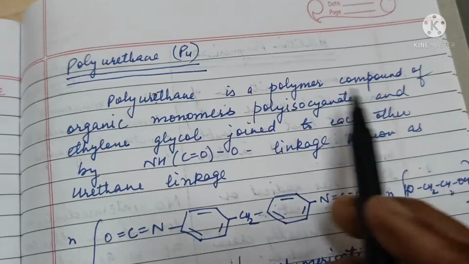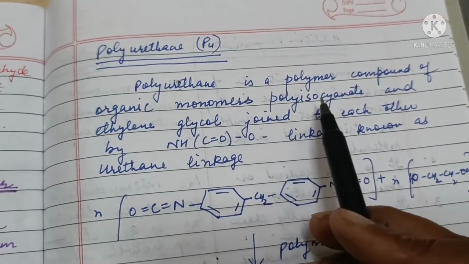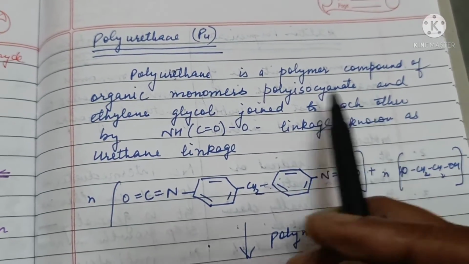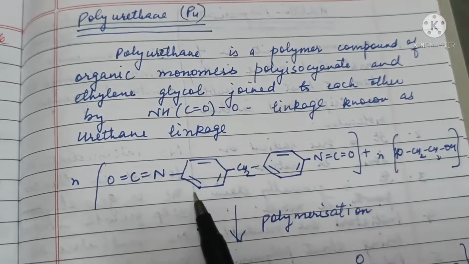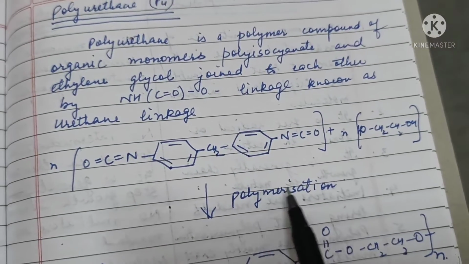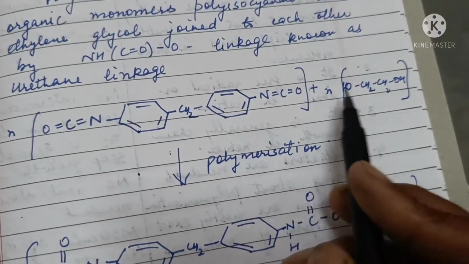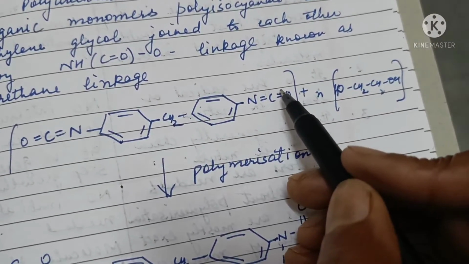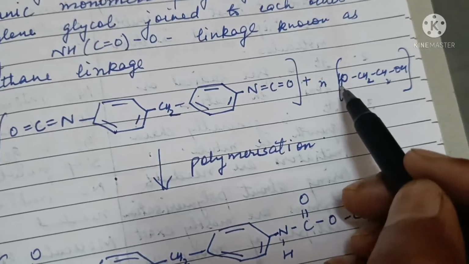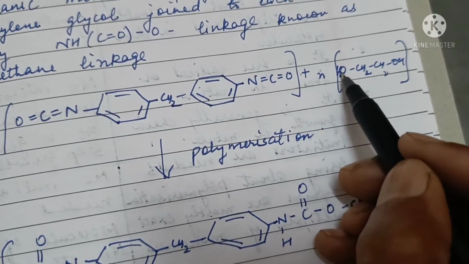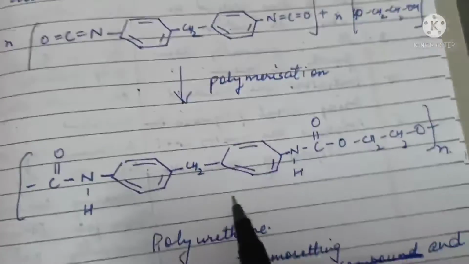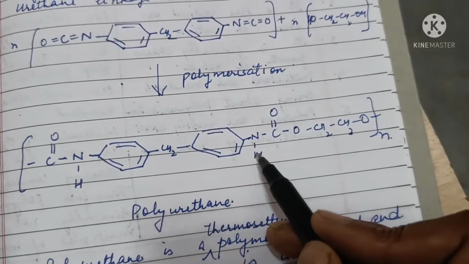Polyurethane is a polymer compound of organic monomers, polyisocyanate and ethylene glycol, joined to each other by linkage known as urethane linkage. So the electrons move here, and the H will come to oxygen and O will come to carbon. So it gets linked in this manner.